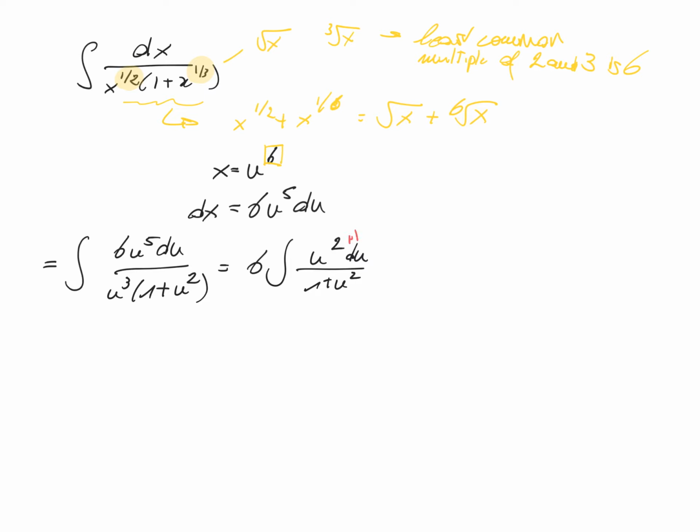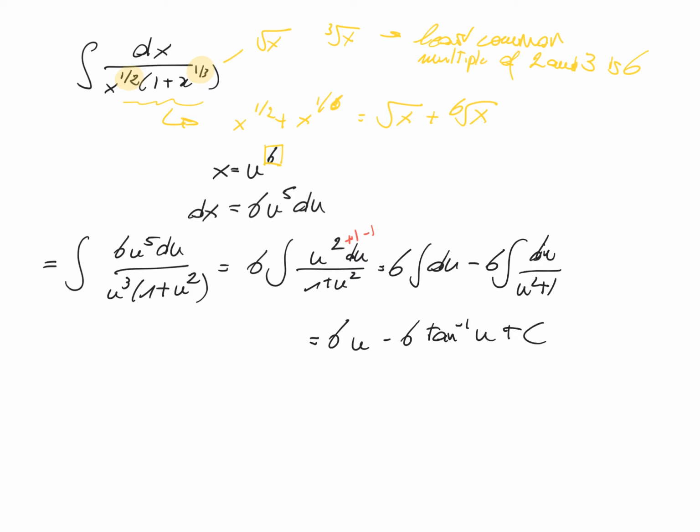We add 1 and we subtract 1. And so we can split the integral. So this becomes 6 times the integral of u squared plus 1 divided by 1 plus u squared, so the integral of du, minus 6 times the integral of du over u squared plus 1. So this is 6 times u minus 6 times tangent inverse of u plus a constant.